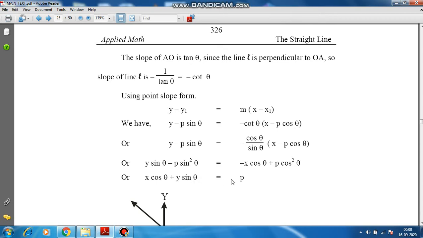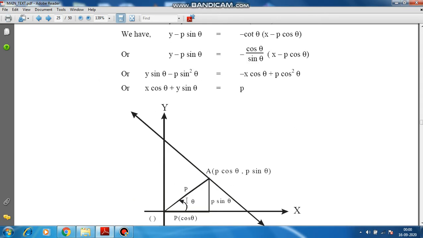Here one thing should be noted: p should be positive because it's a length, and length can never be negative. The other thing is that cos theta and sin theta are the coefficients of x and y, and we know that cos square theta plus sin square theta equals 1. So in the normal form of the equation of a straight line, the coefficient of x and the coefficient of y must satisfy this identity.